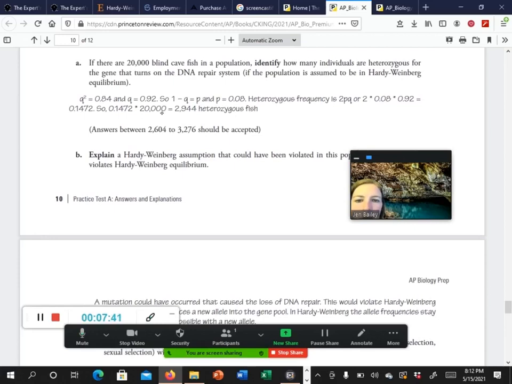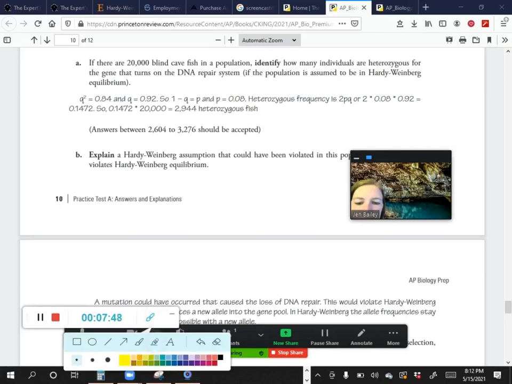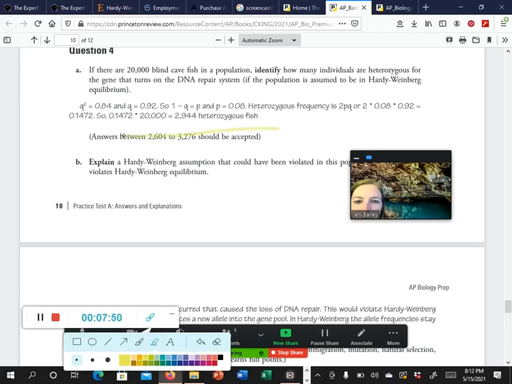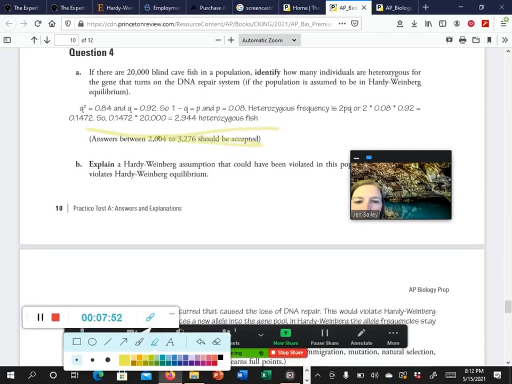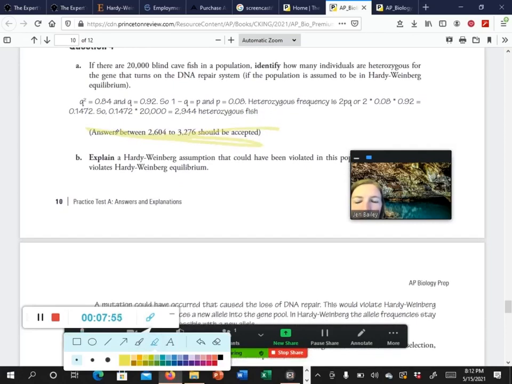But check out what they have. They will actually take a range. And for some reason this isn't working very well, but that's okay. They'll take anywhere from 2604 to 3276. So if you are not sure about rounding, just do the best you can, because even if you took that 0.916 instead of rounding up to 0.92, you would still get an answer in that range.